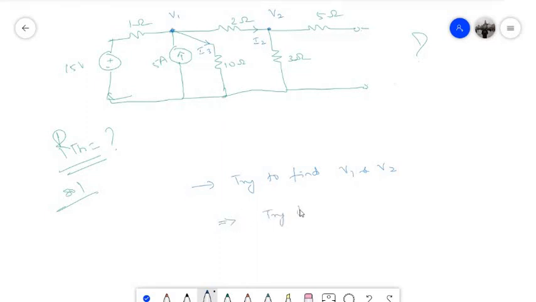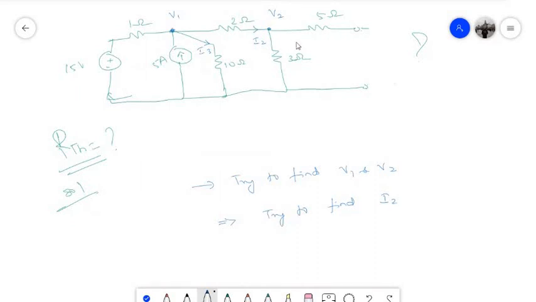Sir, excuse me, sir. Yeah, please. So for finding RTH, I think V1 and V2 are not required. See, if you want to find only RTH, maybe it is not required. But if you want to find the maximum power that is transferred, then we require VTH also, right?